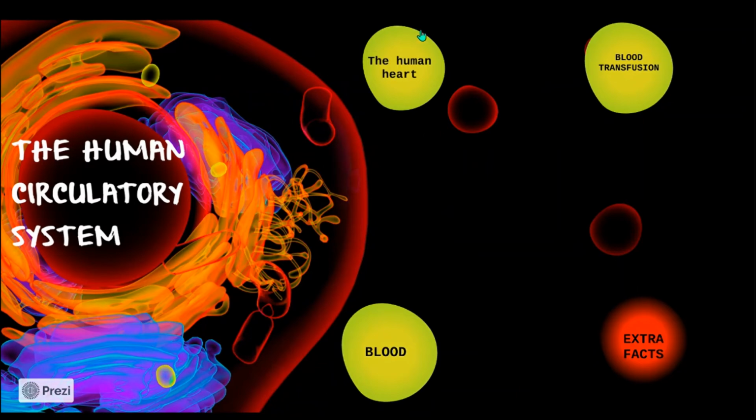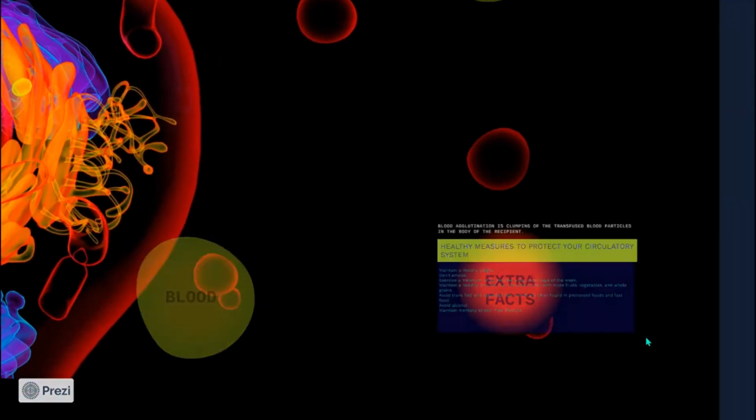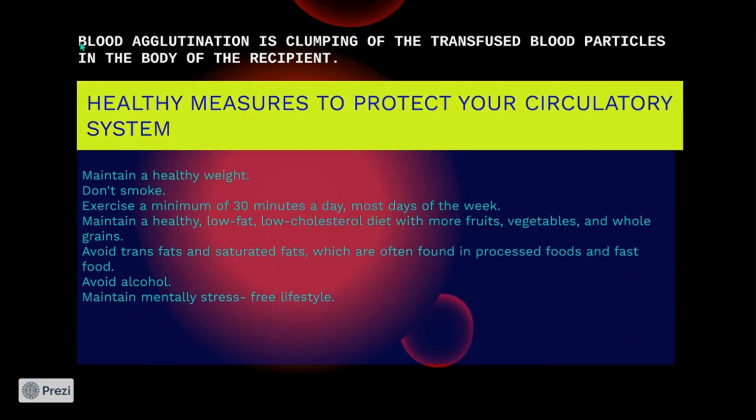As we have learned these facts, next we are going to learn about some extra facts. Blood agglutination. Blood agglutination is a clumping of the transfused blood particles in the body of the recipient. This occurs due to the incompatibility of the blood groups. Commonly, the clotting process is important in the body because it prevents excessive bleeding.